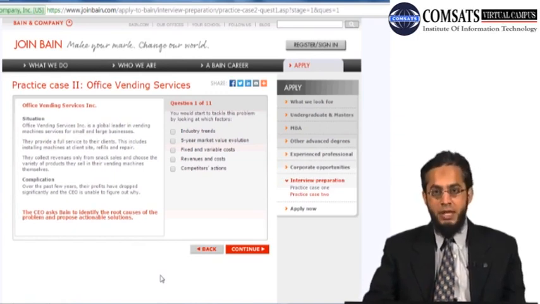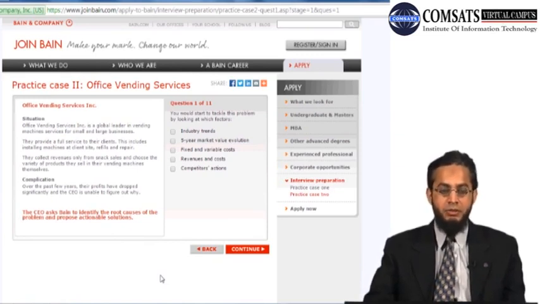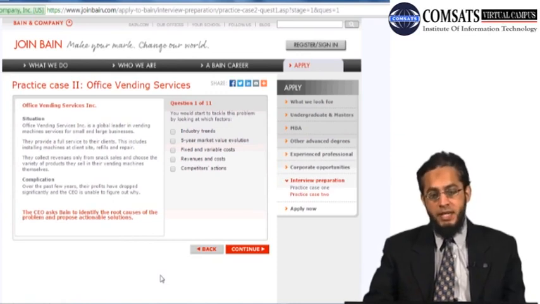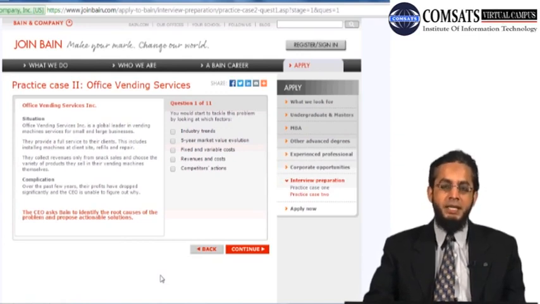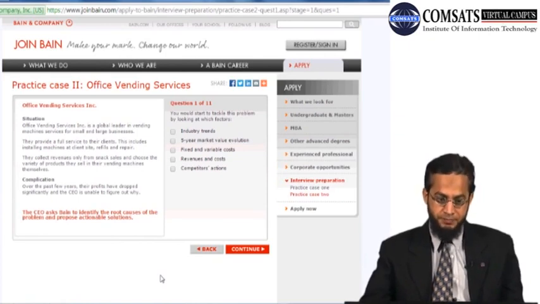When things run out, you refill them, or something goes out of working order and you repair it. They collect revenues only from snack sales, meaning fast food, and they choose the variety of products they sell in their vending machines themselves. They decide on their own what kind of variety they want to introduce or sell through their vending machines.